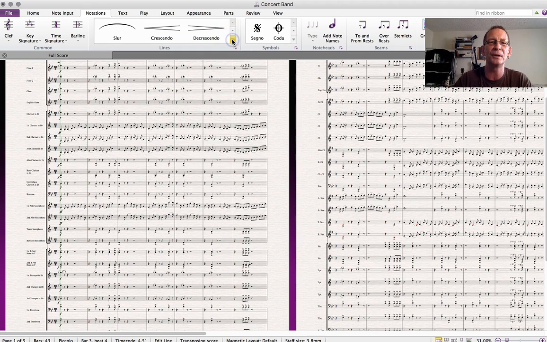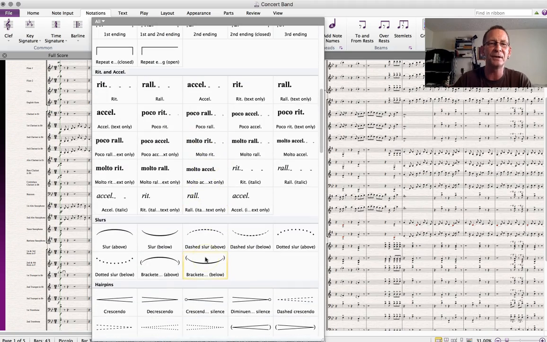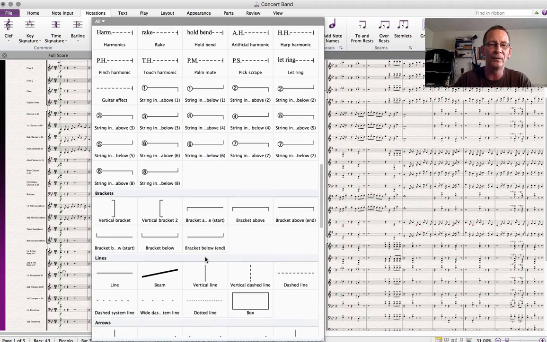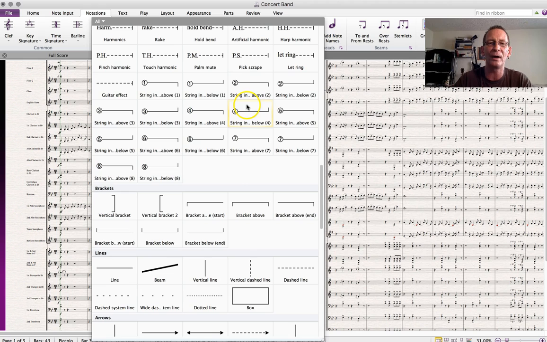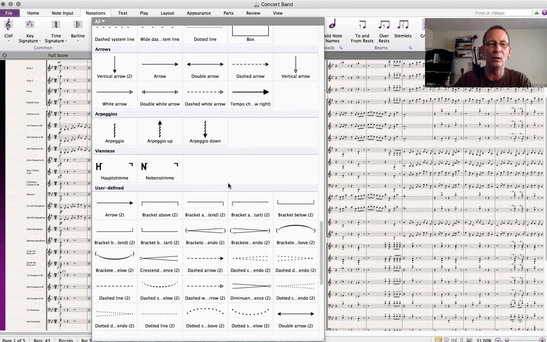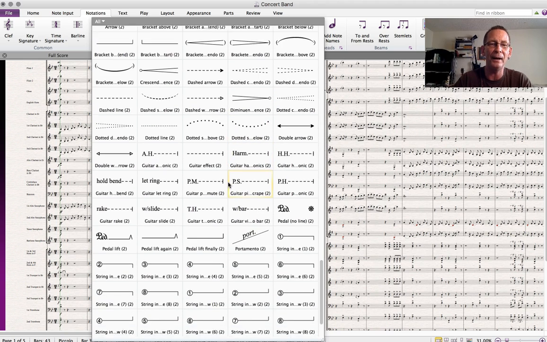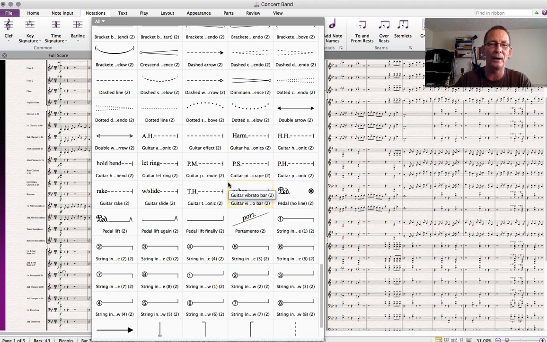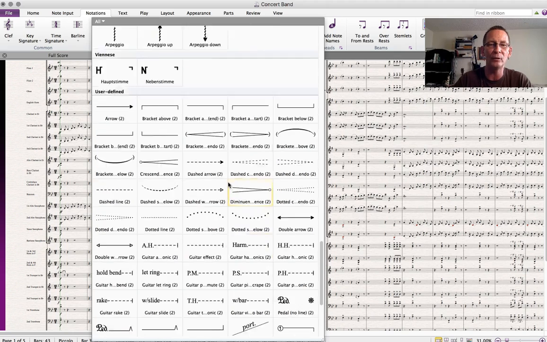And the same thing with some of these, when you get into the brackets and things like that, you want to spend some time looking at that and going through your software, trying to figure out what they're trying to tell you. What are they trying to use it for?